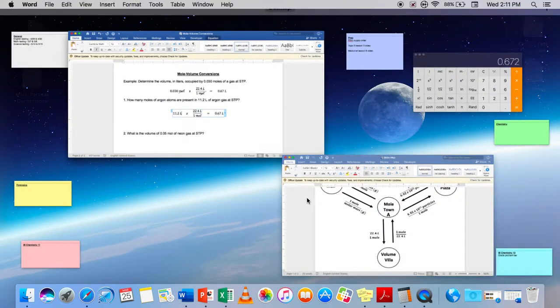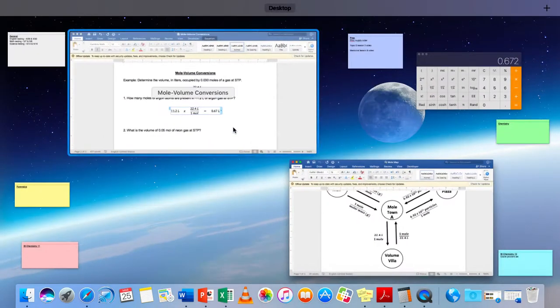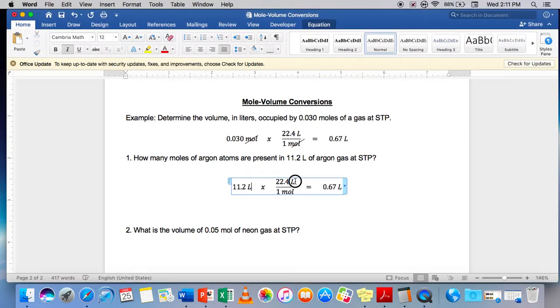If I go to my mole map now, if I'm given volume, liters, and the question says how many moles, I have to get from volume to moles. So I have to use this arrow that is going straight up, and this is the conversion factor here: 1 mole divided by 22.4 liters. So I can put 1 mole on the top and 22.4 liters on the bottom.